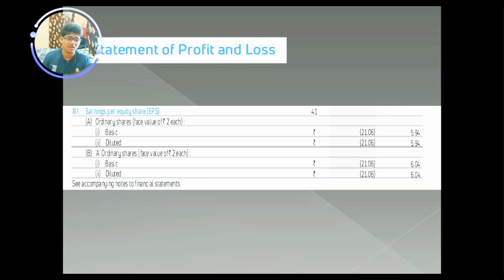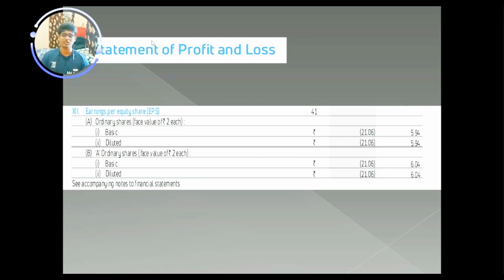And diluted means I am just predicting that in the upcoming year my 10,000 shares will go up to 20,000 shares, and on those 20,000 shares the EPS will be calculated, and that will be the diluted EPS. It's like the present and the future one. So we always take the assumptions over the basic only. We don't go for diluted because who knows the future.